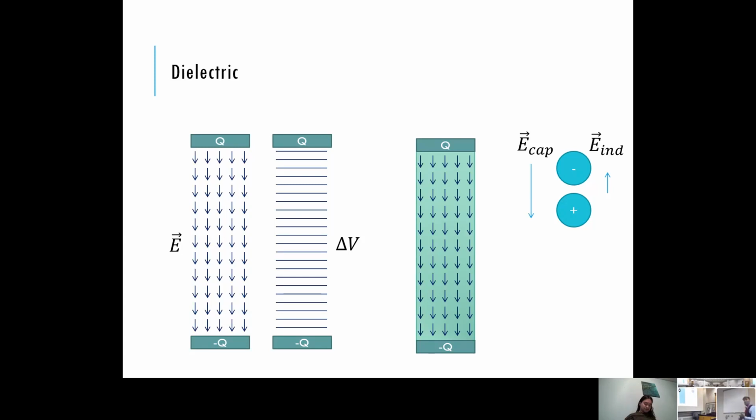So the net electric field is smaller than the field of the capacitor, right? Opposite direction. So I get a net field that is still pointing down, but is smaller in magnitude than the original field of the capacitor.